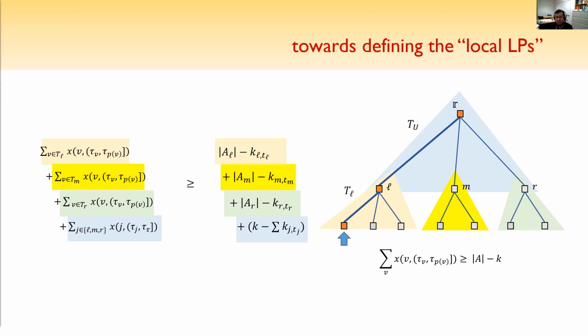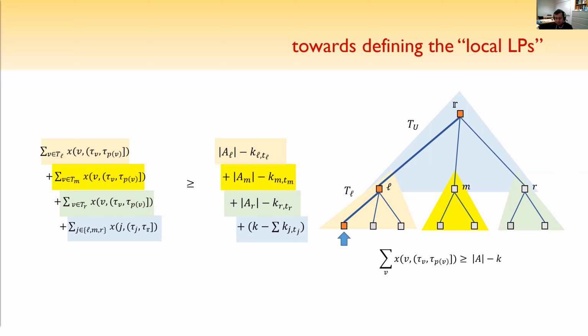that we maintain a collection of local LPs. Local LPs are not feasible, but these are LPs on subtrees of the overall tree, which make the additional assumption that the total number of servers in that subtree is constrained to be whatever number of servers the algorithm maintains in the subtree. So this is not a real constraint on the overall optimal solution.